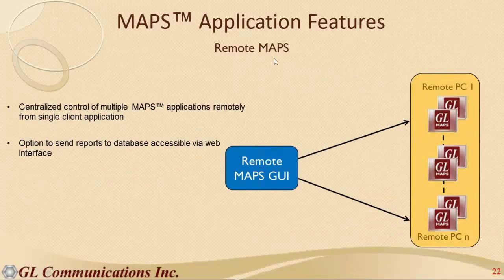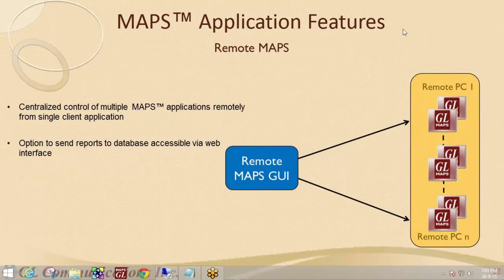The next feature is remote maps. As in the video we explained, remote maps is a very flexible tool where you have access to different systems where maps is running on different nodes. So you have centralized control for multiple maps applications, which you handle remotely. We also have the option to send reports to a database accessible via the web interface.